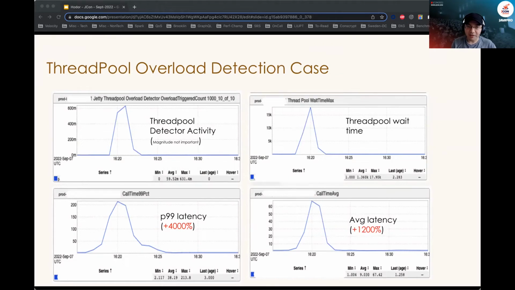This can be seen in the top right graph. In the top left graph, you can see that the thread pool detector is able to capture and flag this as an overload. And similar to previous cases, other KPIs such as average and P99 have been spiking by more than 12x in this case.